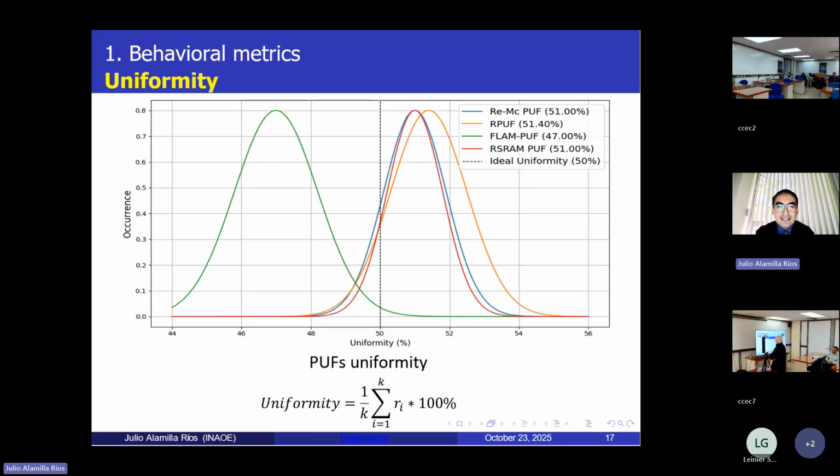And the uniformity must be 50%, because if it is higher than this value, the responses generated by the architecture will be logic ones. And if it is lower than 50%, it generates more logic zeros.